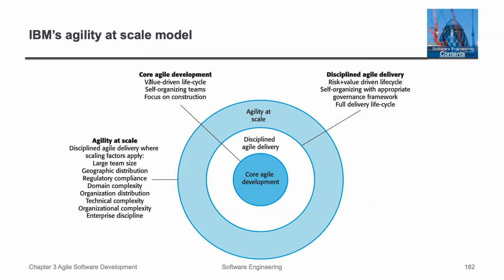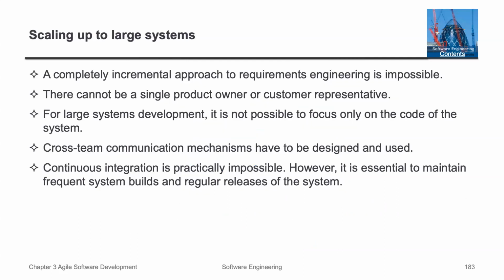And finally, the core agile development, which is the value-driven lifecycle with a self-organizing team focused on construction. So you can be thinking about how you might fit into this. If you're a distributed team, maybe this outer circle is where you would fit, and maybe agility is not quite as good of a match.